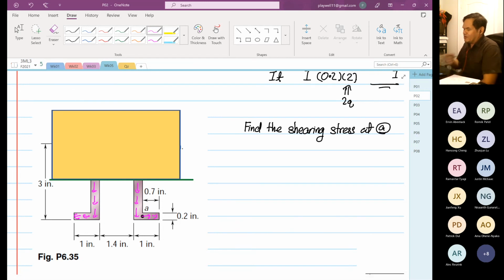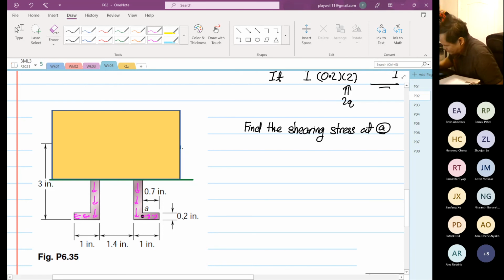Then the confusing part comes when I did this problem the first time. What area do I take? So remember, the analysis starts from here; this is the analysis direction.